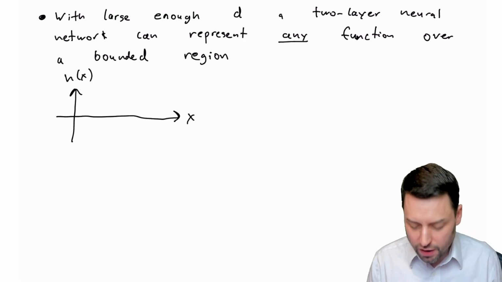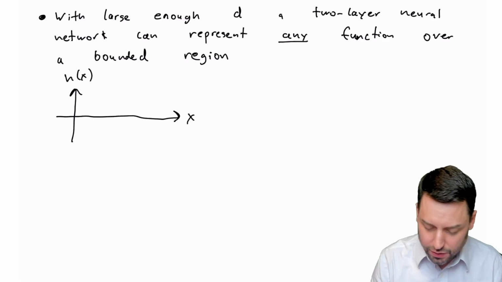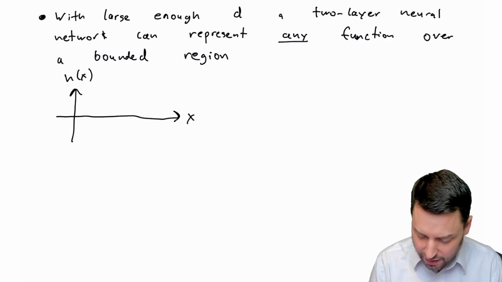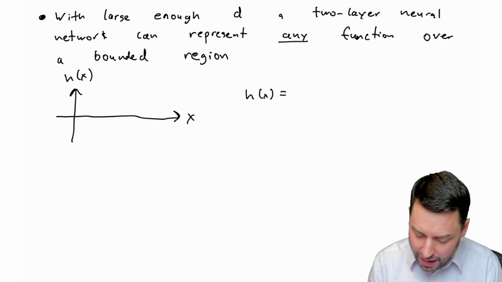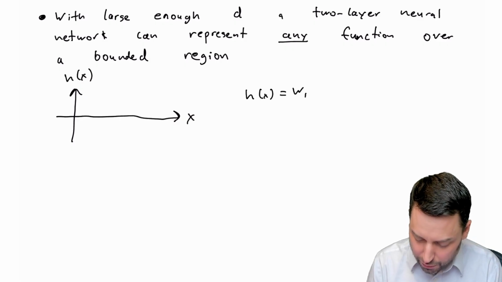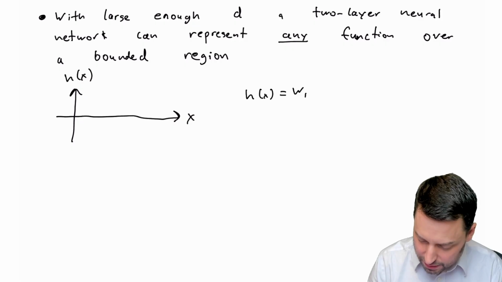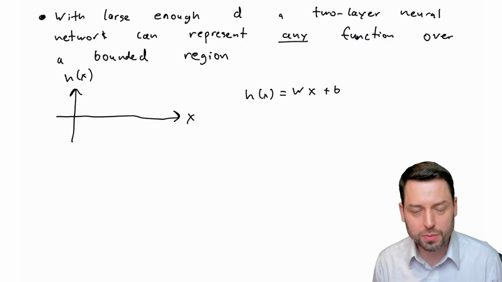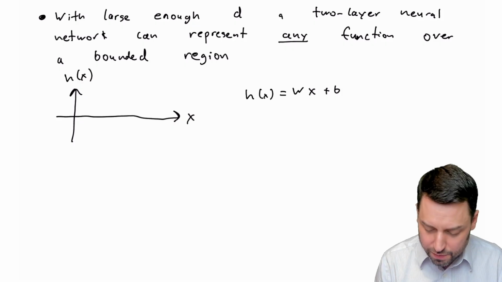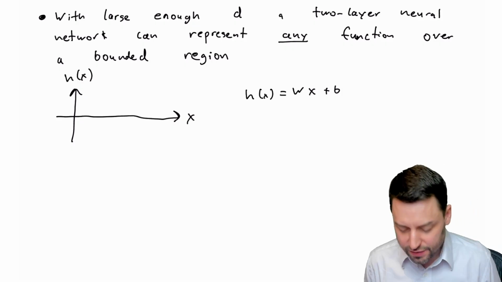If I first look at linear functions, where I'm constrained to say that h of x equals w times x, I'll even add what's called a bias term, an additional constant term you add to this function.